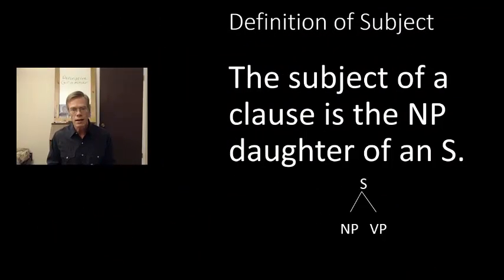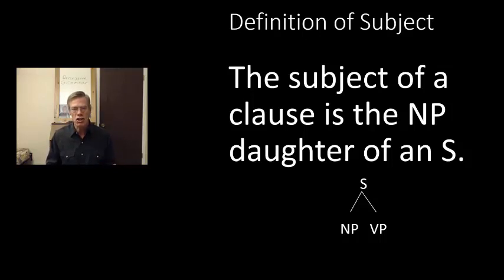The other thing that we need to understand is, again, what is our definition of subject? In grammar school, you might have been taught that the subject is the doer of the action, which is a terrible definition for all sorts of reasons. First of all, not every sentence involves an action.